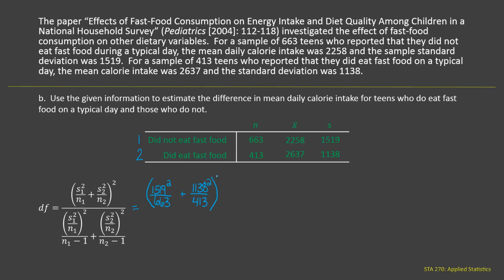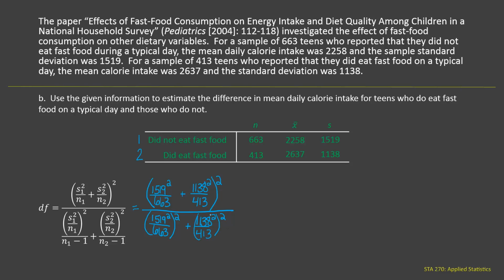Now we need to take all of that and square it. There's our numerator. Now in the denominator, we're going to have something kind of similar here. We're going to have 1519 squared over 663, but this time we're going to square that single fraction, plus 1138 squared divided by 413.